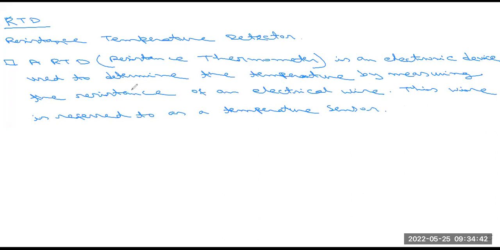I will repeat once again. Sometimes it is also called the resistance thermometer, and it is an electronic device used to determine the temperature by measuring the resistance. I have broadly discussed in previous classes the passive transducer.